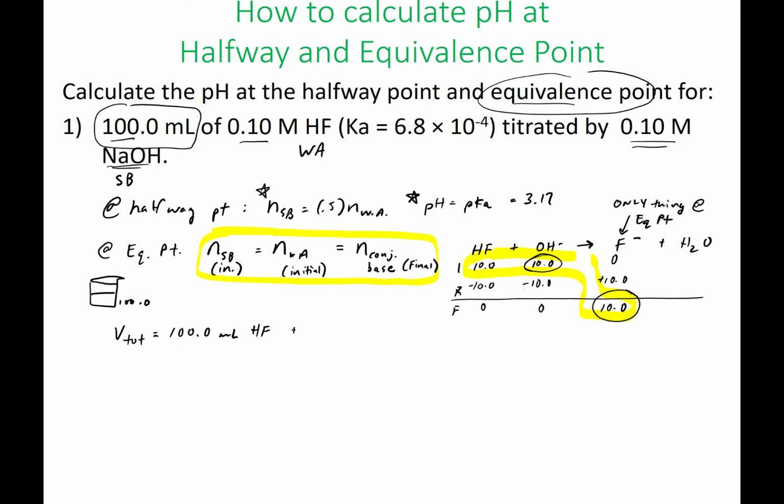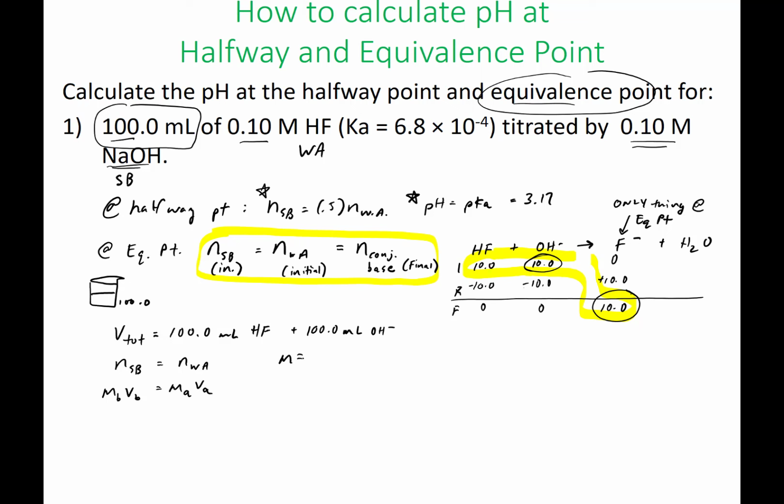So your total volume is going to include 100 of the strong base, the NaOH. We could see that at the equivalence point, the moles of strong base equal the moles of weak acid. And if we substitute, MbVb for base equals MaVa.